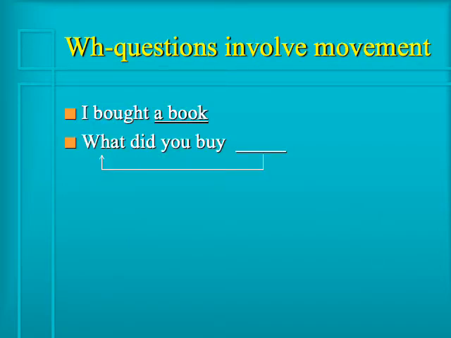And WH questions involve movement. I think you all know or intuitively understand that WH starts as an object of buy in this sentence. So I bought a book. When you want to ask about what you bought, you say, what did you buy? And the verb buy gives an agent theta role to I and a theme theta role to a book.